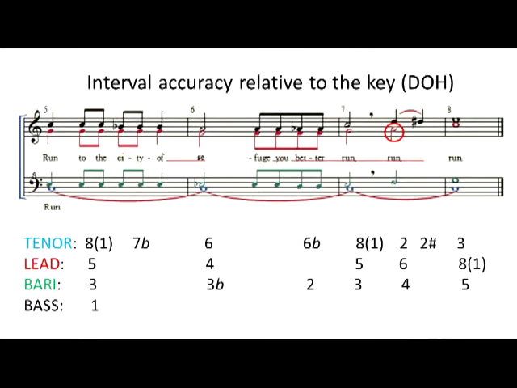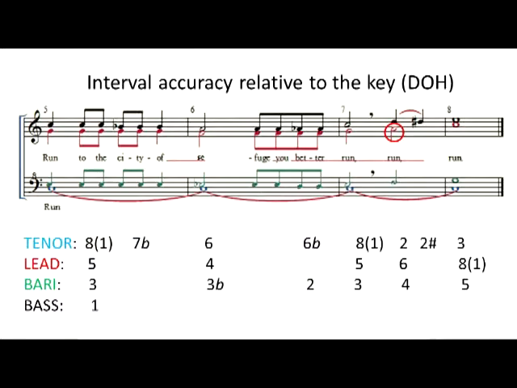As if you're taking that 3-pronged breath and just gonna lift it up, buoy it up a little bit, all right? Run to the city of refuge, you better run. Good. Run, run. That one really has to be higher, okay, on 6.